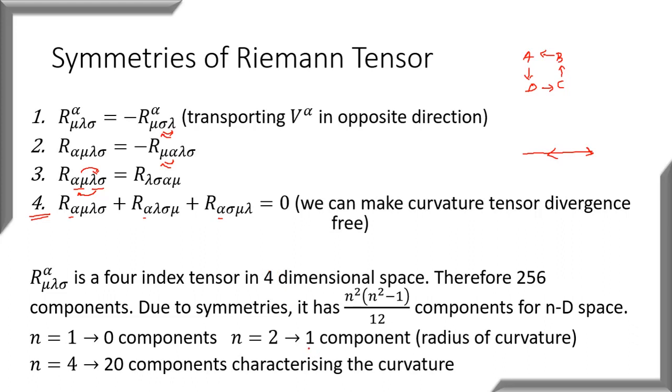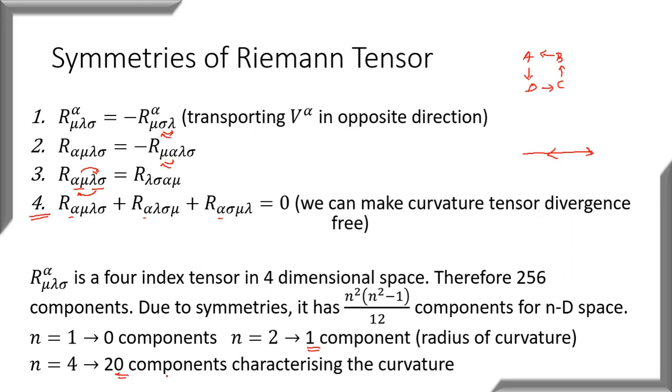So there is one component which describes the characteristic of the curvature. Let's come to four-dimensional space. When it is four-dimensional space, I get 20 components. So there are 20 components which characterize the curvature of the manifold in a four-dimensional space.